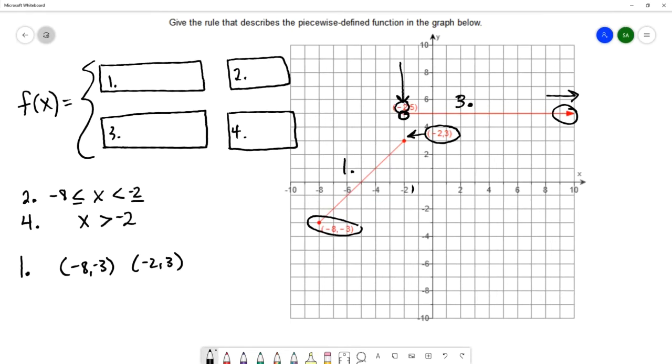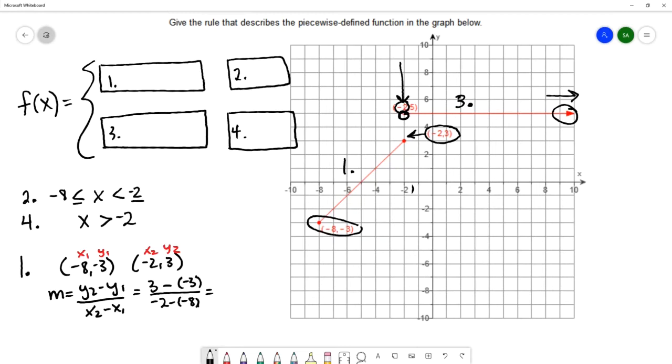So my slope formula is y2 minus y1 over x2 minus x1. So let's label this with x1, y1, x2, y2. And I'll calculate the slope to be 3 minus -3 over -2 minus -8.